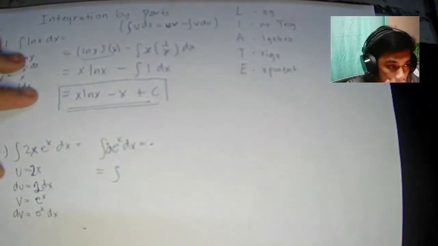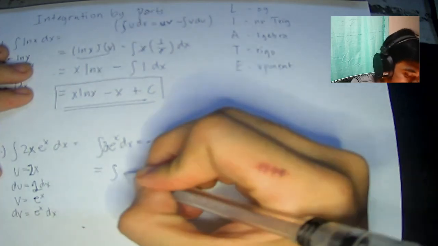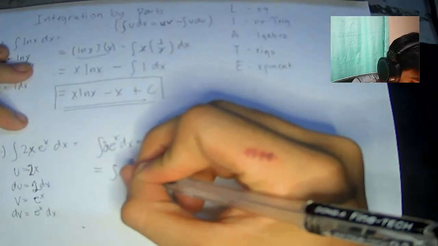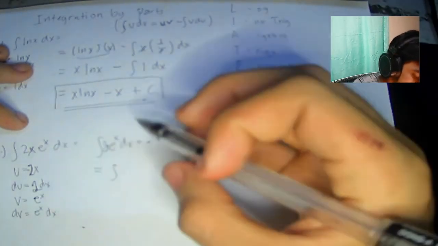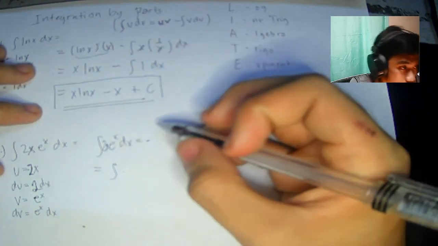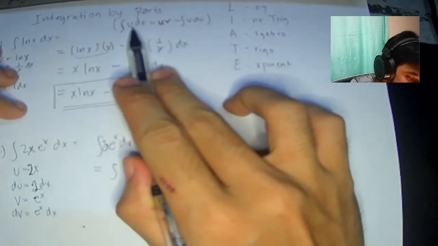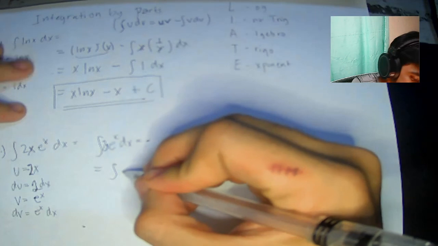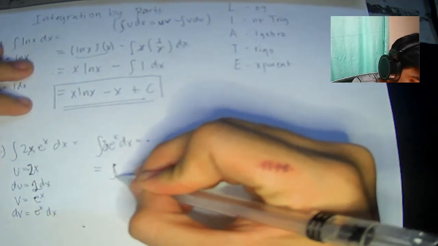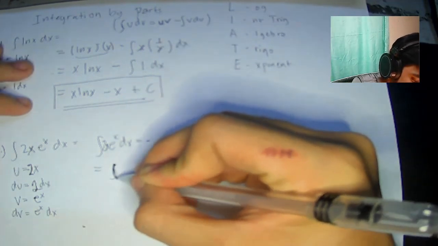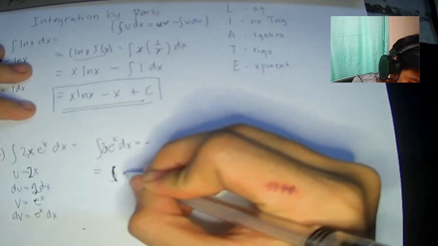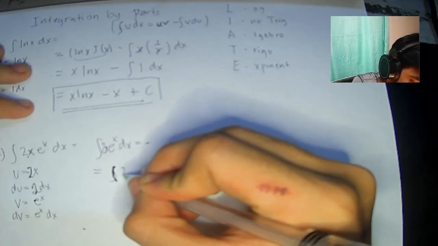So what we're going to do here is, first is u times v.